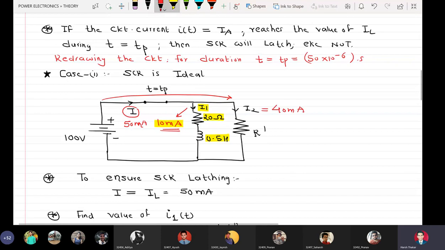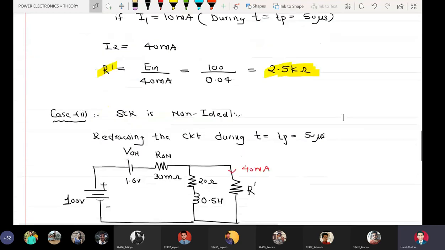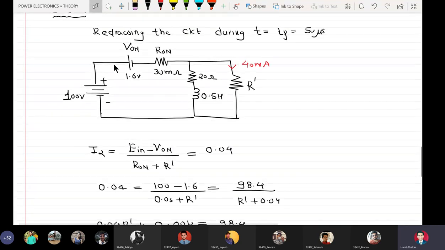This is the SCR during the presence of the firing pulse, and this is the SCR during the presence of firing pulse, but it is the non-ideal SCR.